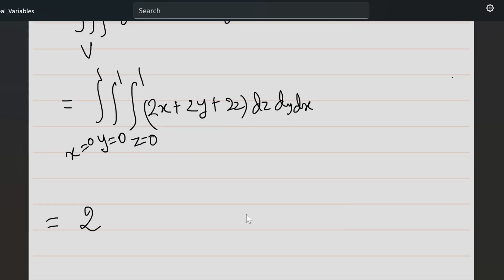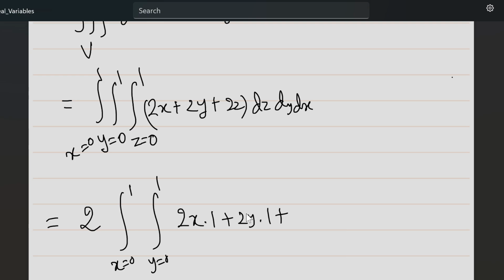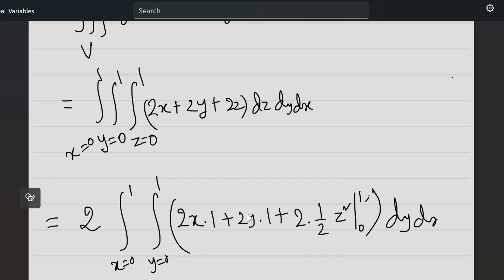I take 2 common outside. First I am integrating with respect to z. So it is x times 1 plus 2y times 1 plus 2 into half z square from 0 to 1, dy dx. So it is 2, x from 0 to 1. You have written 2 outside and inside both. Oh, you are correct.